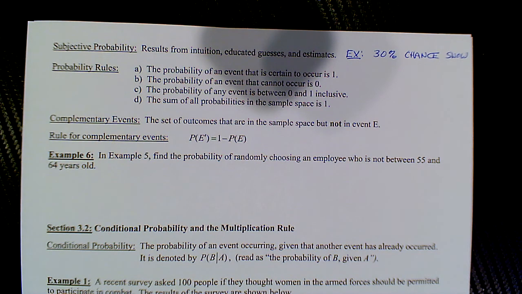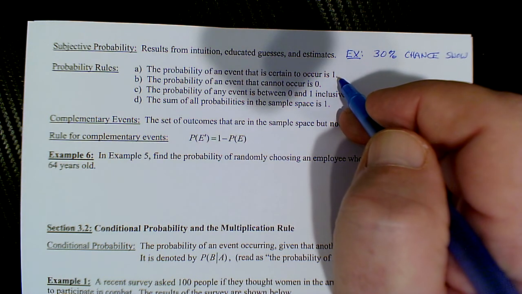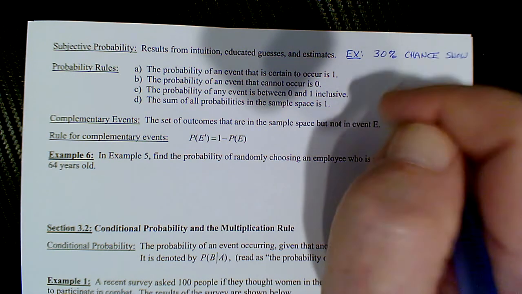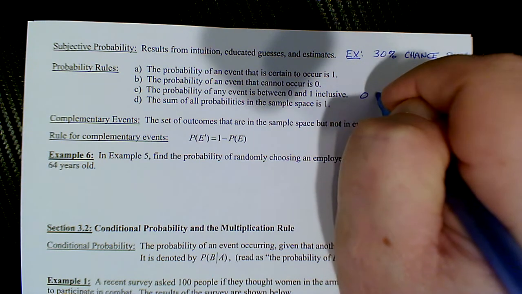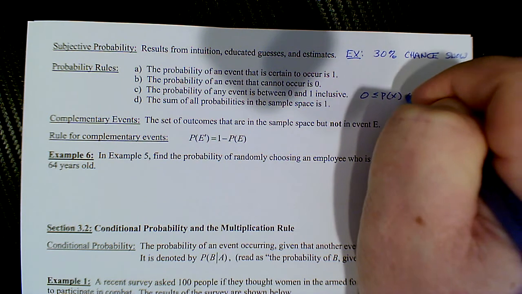And then here's some probability rules. If something is certain to occur, probability is 1 or 100%. If something will not occur, probability is 0 or 0%. The probability of anything is always going to be between 0 and 1, so you could actually write this statement: 0 is less than or equal to the probability of x, which is less than or equal to 1.